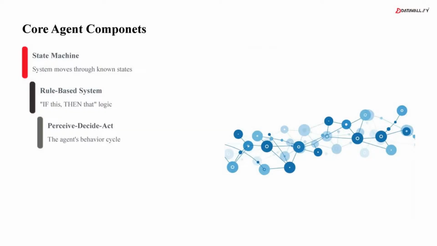Second thing is the rule based system. As we are implementing this agentic program using a rule based system, our traffic light will follow clear if and then rules. In Python, we have control structures with if and else concepts.